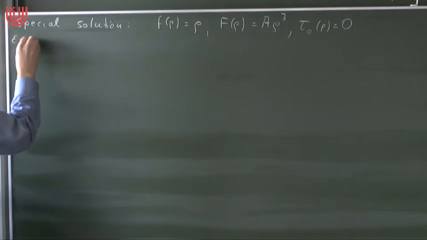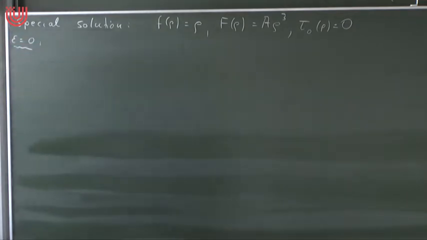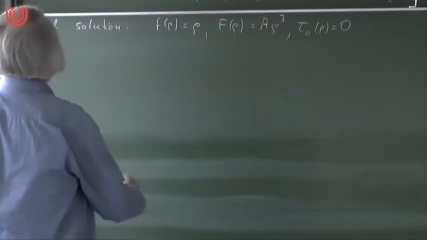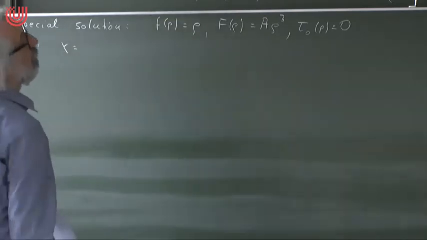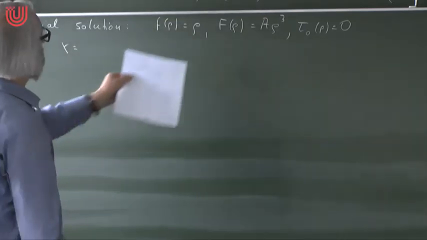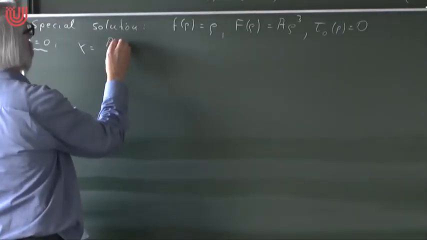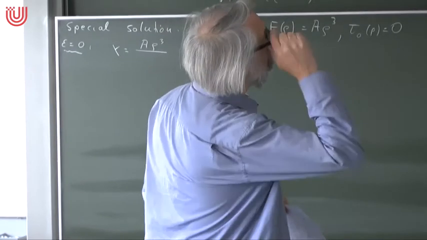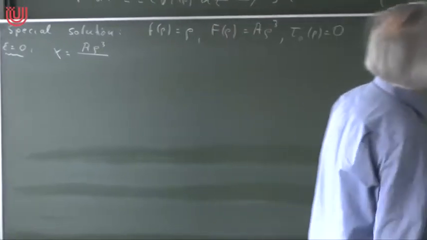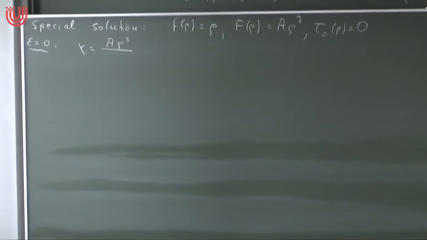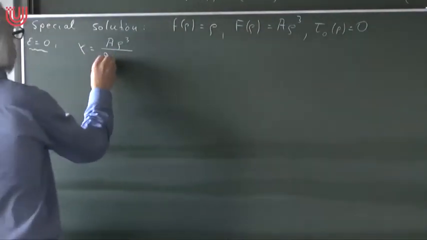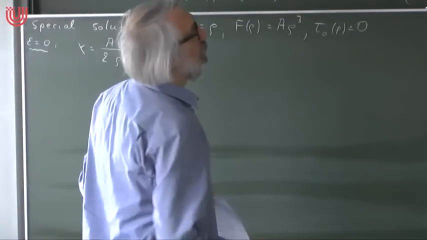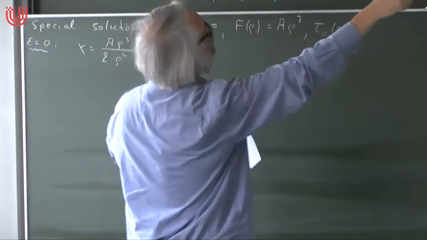We have to distinguish the 2 cases again. For epsilon equals 0, the y is there in the top line on the right. So we get y is what? Capital F of rho is A times rho cubed now, and in the denominator I have, I can't read my own handwriting, no, it's a 2, 2 f of rho squared, and f of rho is rho, so 2 times rho squared times, oh, this was not epsilon equals 0, sorry.